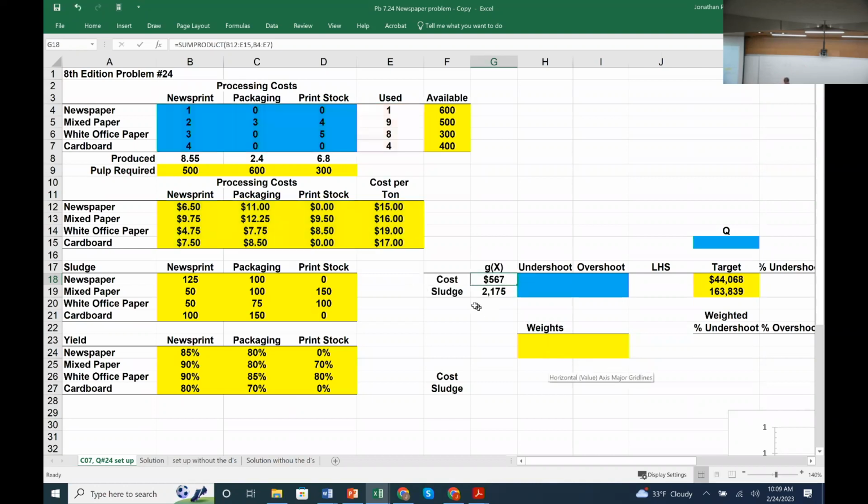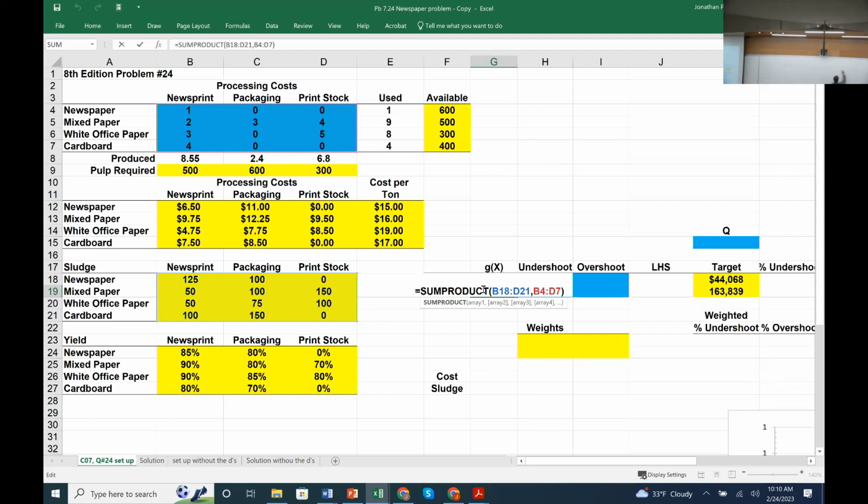And then sludge is even simpler. Sludge is just a sum over IJ of a coefficient times the XIJ. We've already used C for cost, so we use S for sludge. So those are our 2 G's.